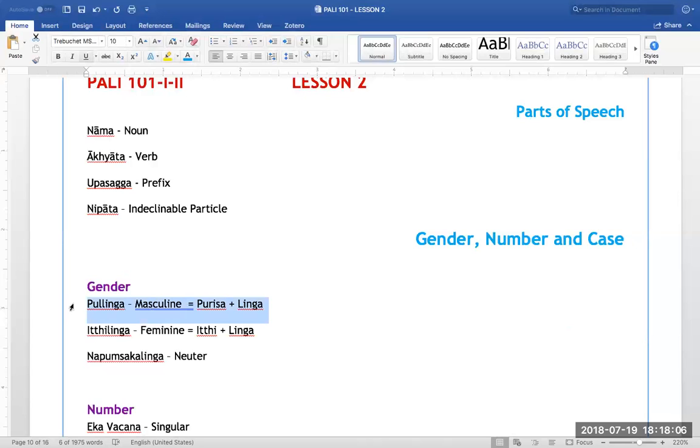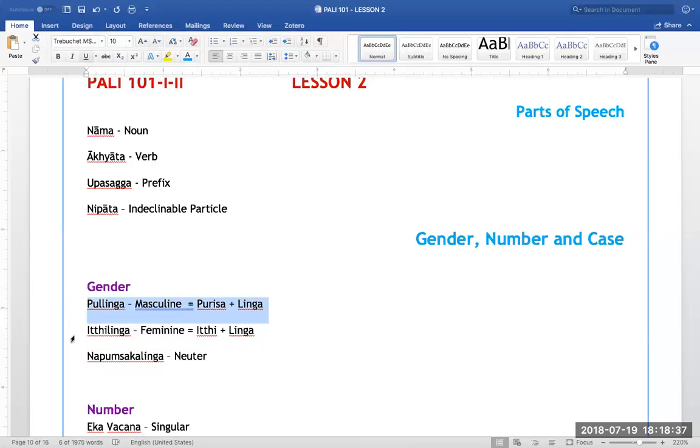So, for example, fire is a masculine noun because of its quality. And if we say river, river is beautiful and smooth flow, all these things are actually feminine qualities. So that is a feminine gender or itilinga noun.